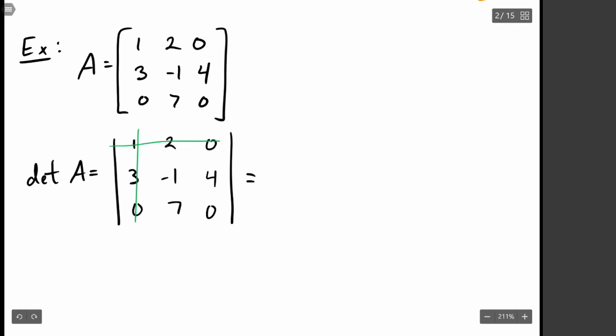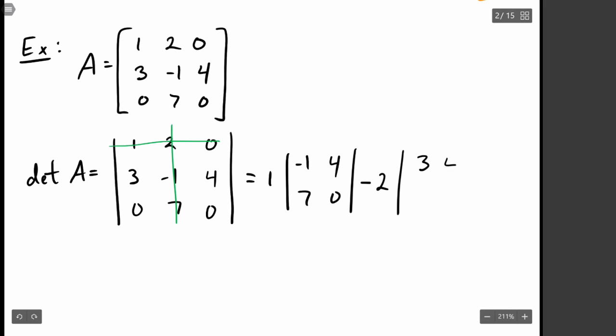So we get 1 times the smaller determinant, minus 1, 4, 7, 0. And then, remember, it switches to a minus, and then it's this number, 2 times this determinant, 3, 4, 0, 0.